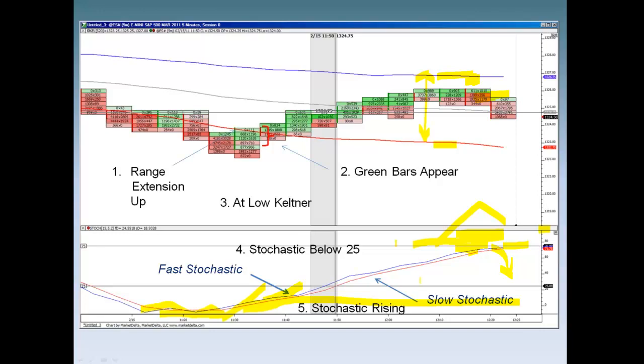The same thing on the top side as well as the bottom side. So it acts as a filter for me, weeding out many bad signals or bad readings that I would get from a bound stochastic. I would not get those on the unbound stochastic. So that's why I like the unbound feature.